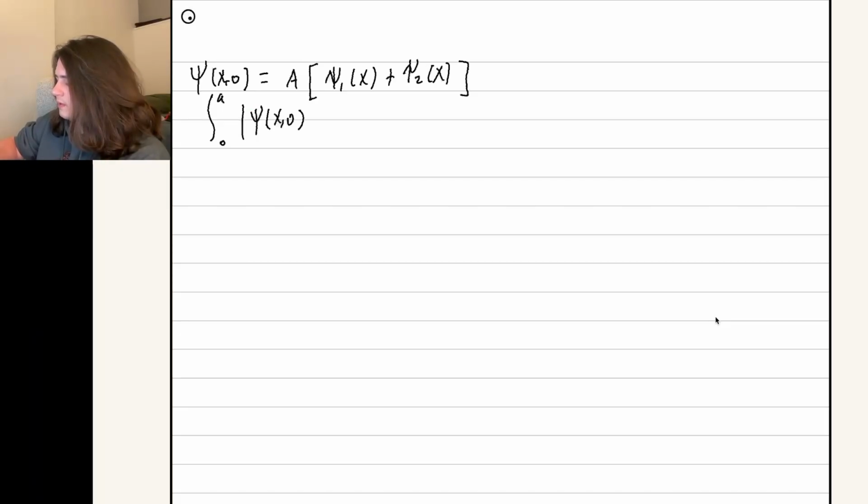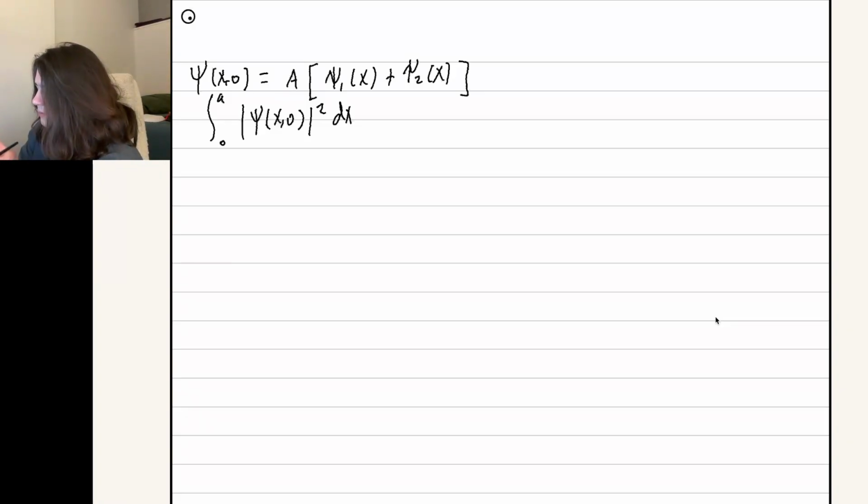Before actually plugging in the definitions of psi 1 and psi 2, I'm going to expand this thing. It'll be a squared, first of all, so there's going to be an a squared out here.